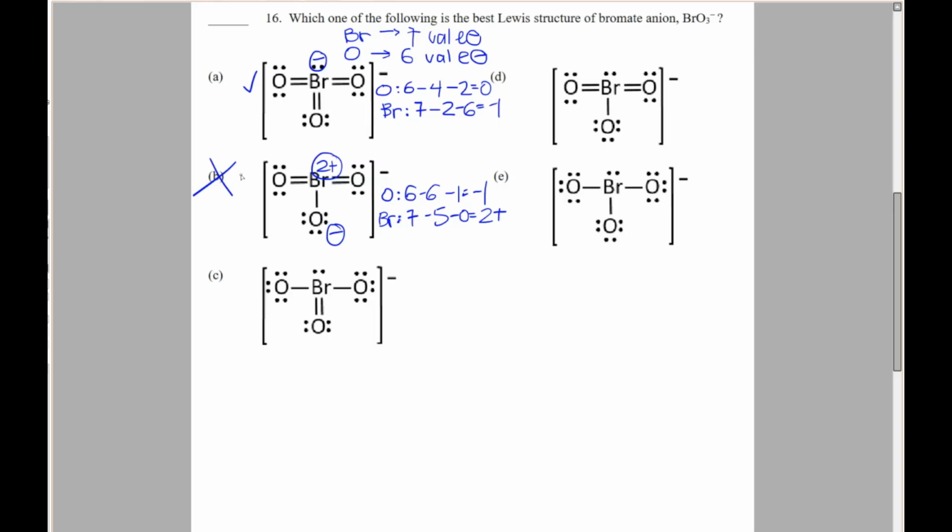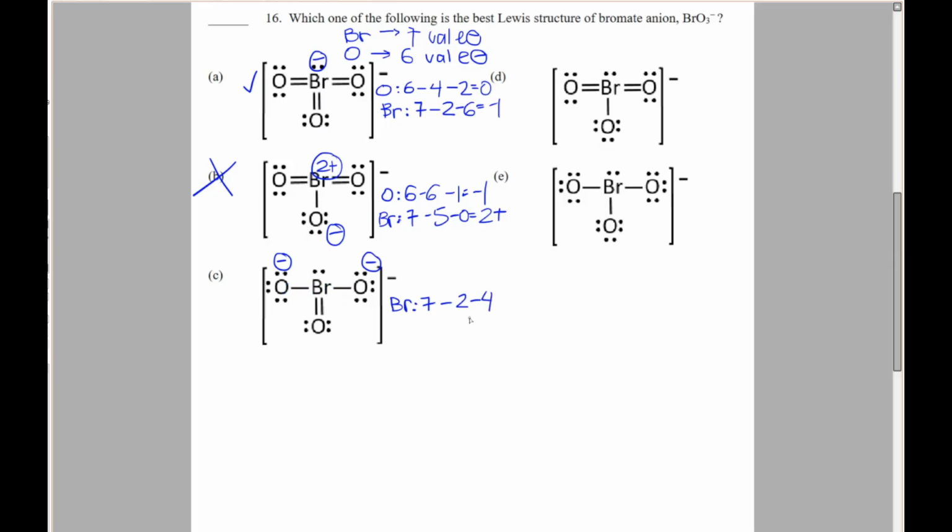So for C, the same thing happens. We know that this double bonded oxygen is neutral, and these 2 single bonded oxygens have a -1 charge like we established in B. And then we can just figure out the charge for the bromine. So again, we have 7 valence electrons. We have this lone pair, so 2 non-bonding electrons, and we have 1, 2, 3, 4 bonds.